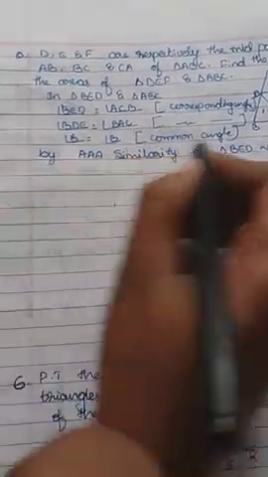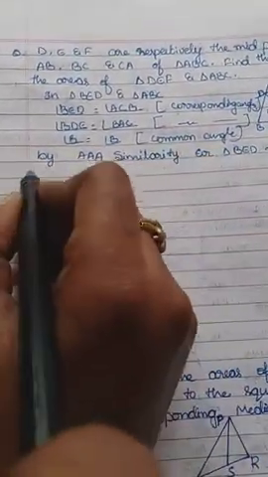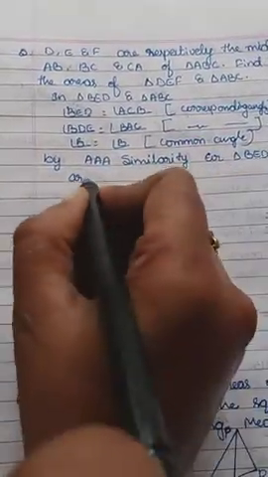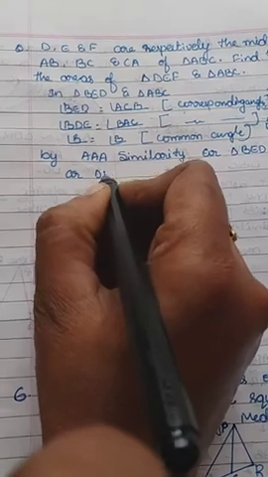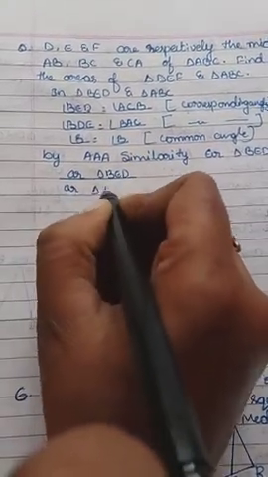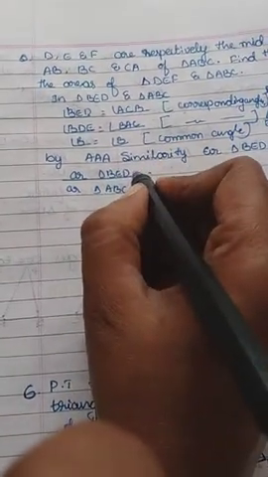Okay, if it is similar, we can take the similar triangle formula. Area of triangle BED divided by area of triangle ABC equals, by the similarity formula, any one side we can take.